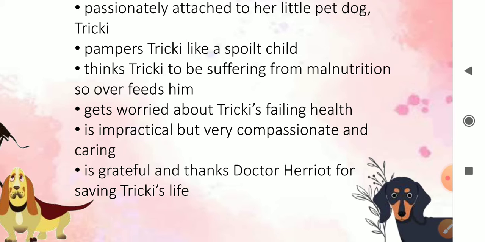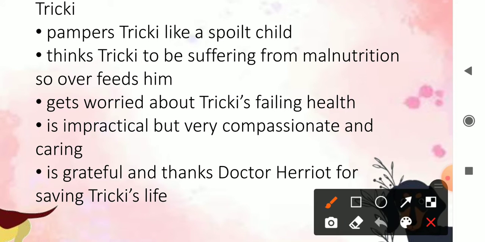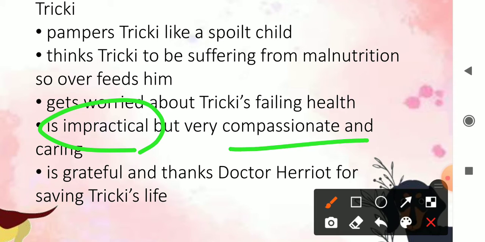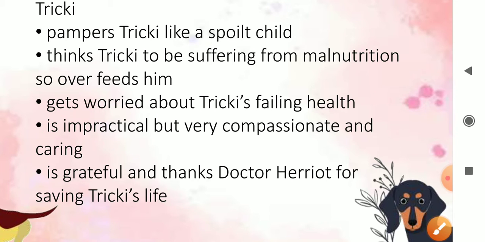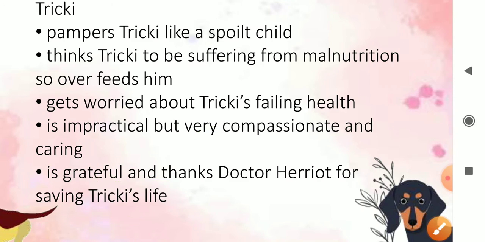Now she gets worried about the falling health of Tricky, and in fact we can say she was impractical, not practical. She was compassionate and caring but not practical. And it's an important point that she was grateful to Dr. Harriott, as she calls it the triumph of surgery, when the dog was transformed from plump and sick to an active and energetic dog.